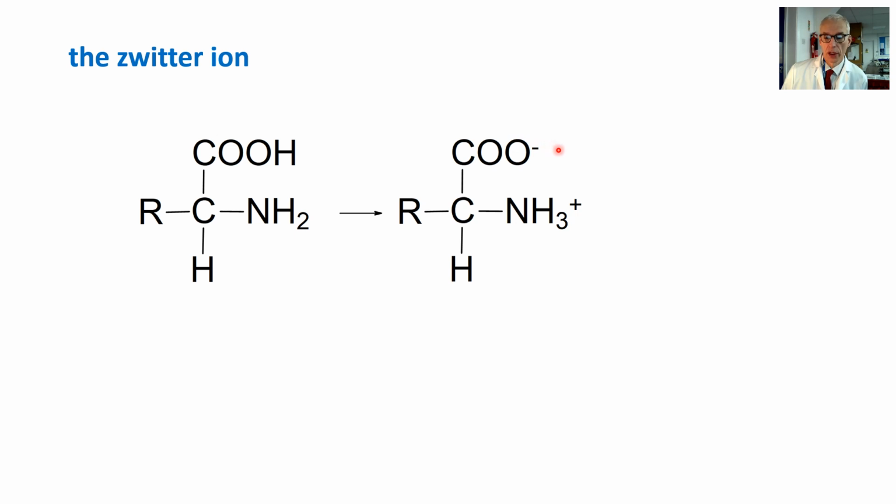So a carboxylate ion is formed and the ammonium ion is formed, and those coexist. Of course, the positive and negative cancel out, so the Zwitter ion has no overall charge, but the internal charges explain the crystalline nature of solid amino acids.